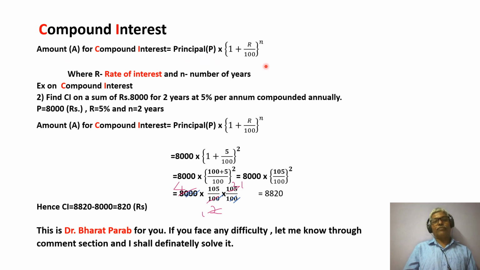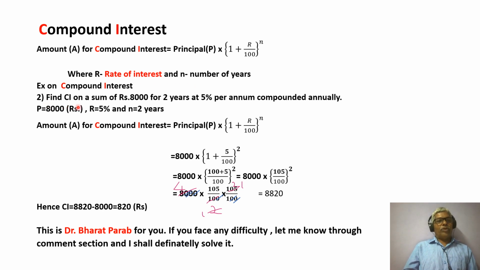Remember this fact. Now P stands for principal, R for the rate of interest, and n for number of years. We will be discussing this n in other videos. So an example on compound interest will clear the idea.